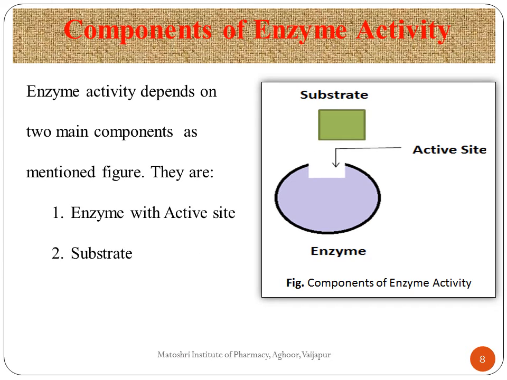Components of enzyme activity. As we have seen in the above slide, the active site of the enzyme and the substrate are the essential components for the conversion of the substrate into the product.